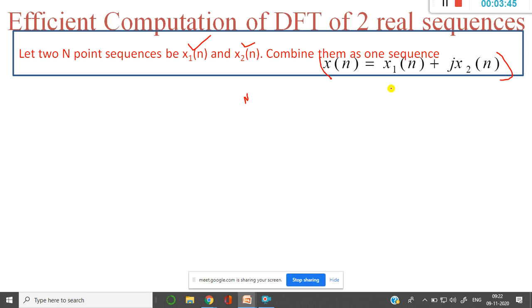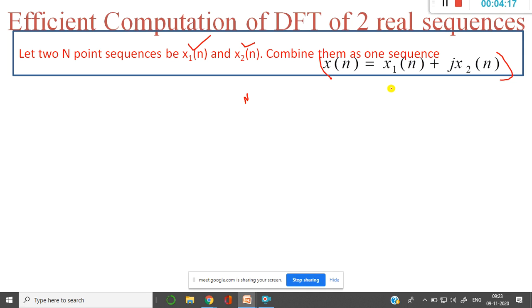So hence, using that as a fundamental concept, we combine the two real sequences, and I'm giving you the hint, they are real sequences where x1 and x2 will not consist of any imaginary numbers. It is purely a real sequence.